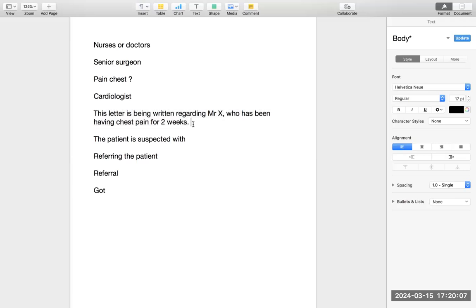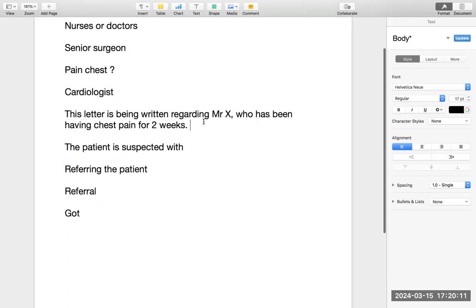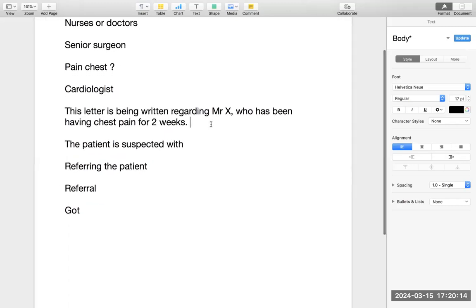So again, talking about the main thing, we were saying this letter is being written regarding Mr. X, who has been having chest pain. So what did your GP do? You will say, even after the required treatment, even after the treatment.